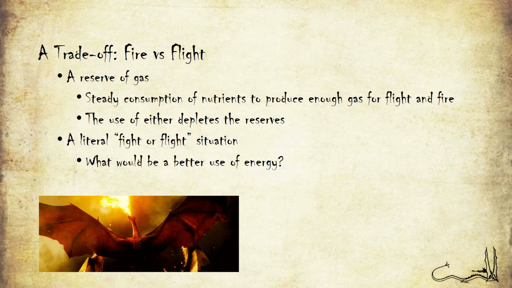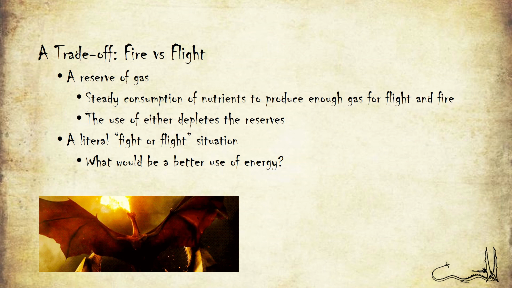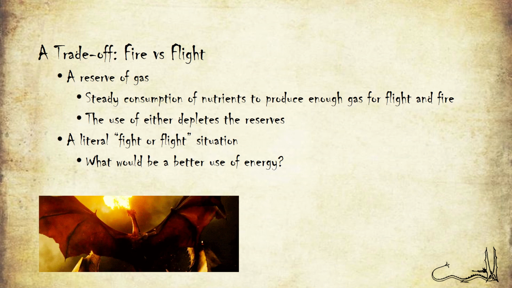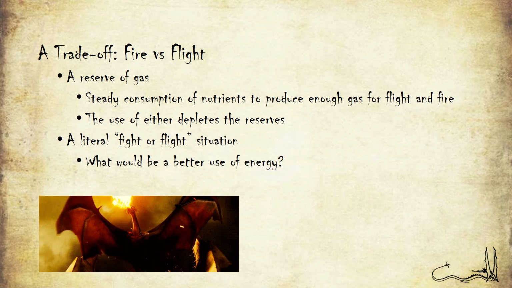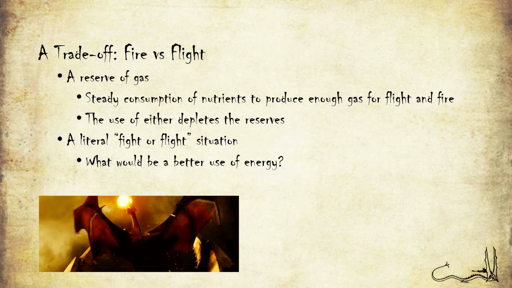So eventually the dragon is going to need to choose whether or not it uses the methane for flight or fight in a situation. So let's say, for example, if it's getting attacked by some knights, is it going to fly away or is it going to produce fire to fight them off? So it's going to be very careful about how much methane it produces and how it uses it.